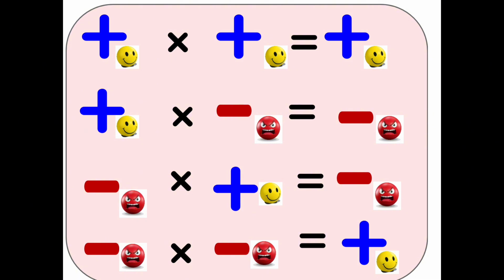Very good. So the interesting thing is the same thing works for the division of signs. The result you have when you multiply your plus and your minus sign is the same thing you get when you do division. Isn't that interesting? Very good. So now take your time to study the chart and let's dive into examples.